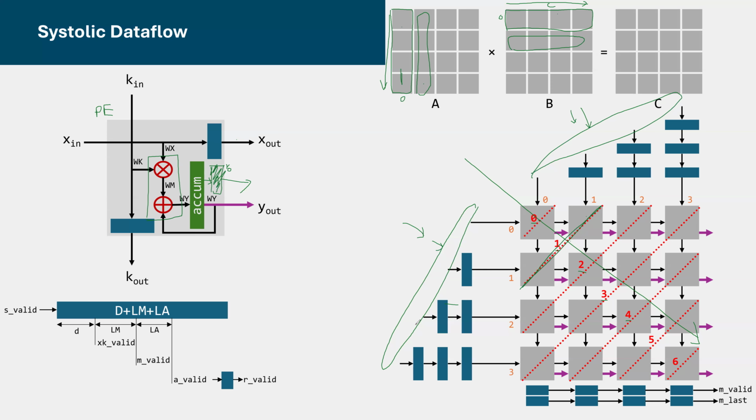And then when the next one arrives here, the first valid data has moved to this one, and then it has moved to this one, like that. So you can see how this data is moving in a wave-like pattern through the systolic array, right?